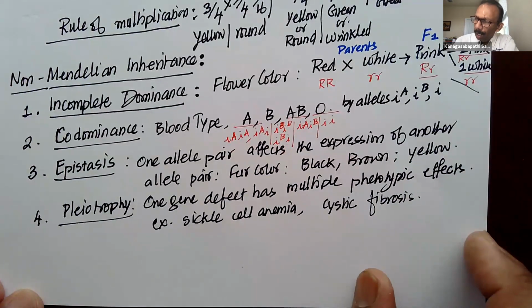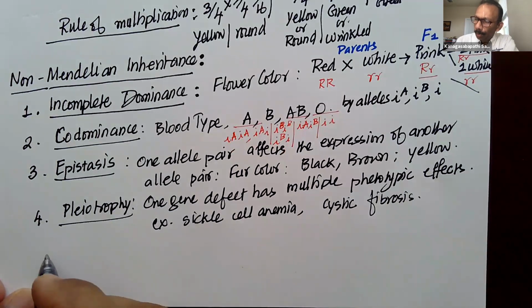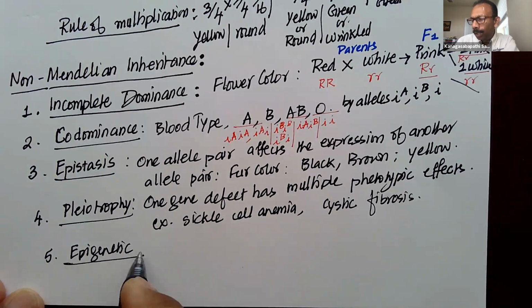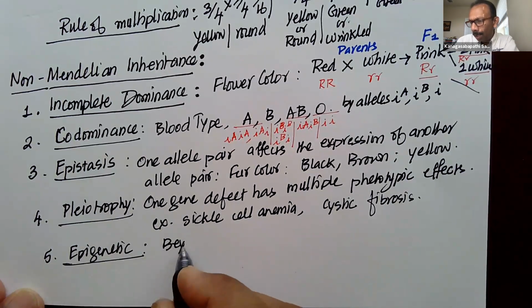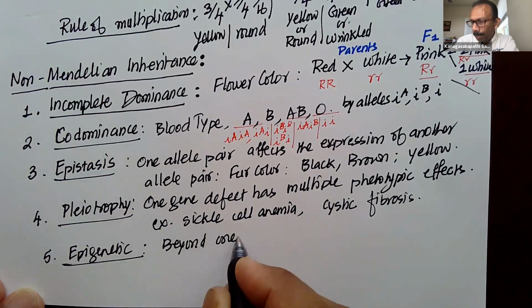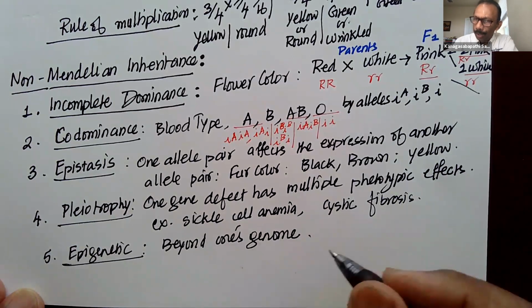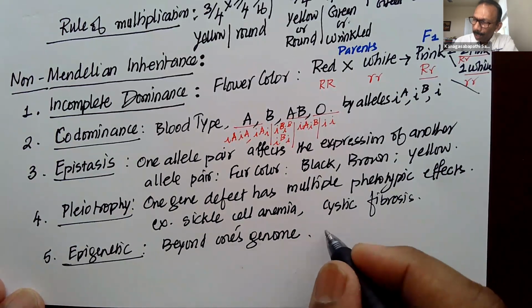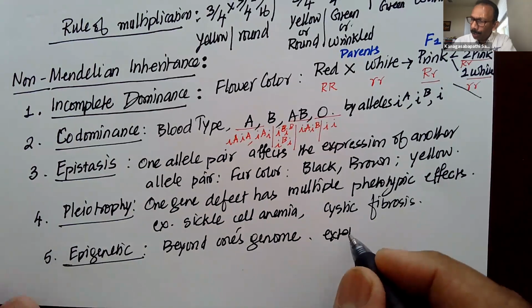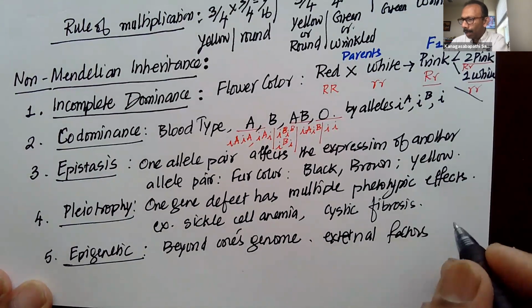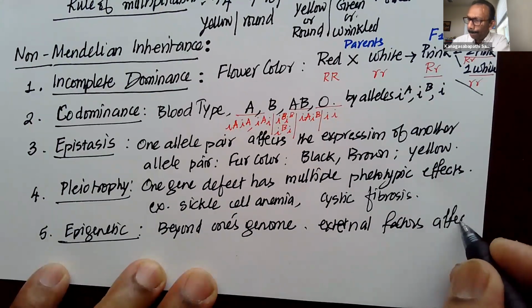In addition to this, you also have epigenetics, which is outside, beyond one's genome. This is again about how external factors affect gene expression and the phenotype.